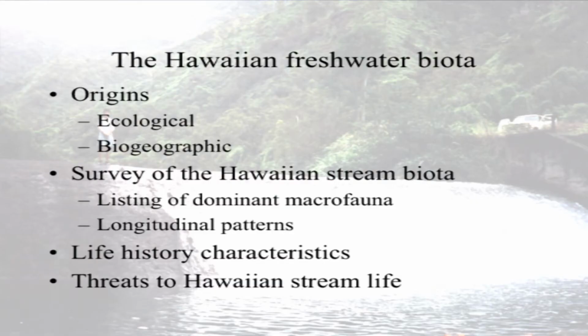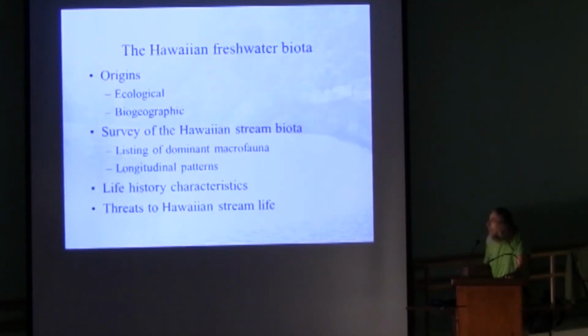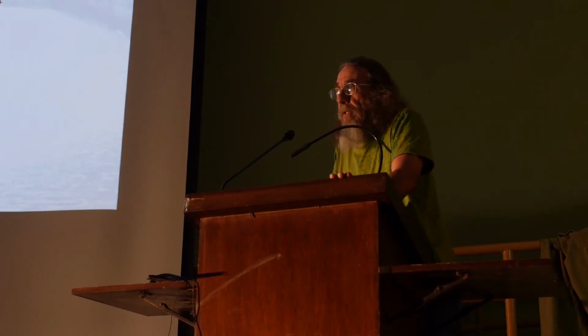Okay, so in this course you've had a lot of talks about birds and insects and all kinds of things, and one of the points that probably all the lecturers on those topics made is, okay, we've got these islands that are true oceanic islands that arose without ever having a connection or even a close location to mainland sources of animals and plants and microorganisms and so on.